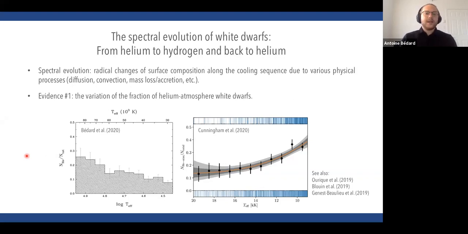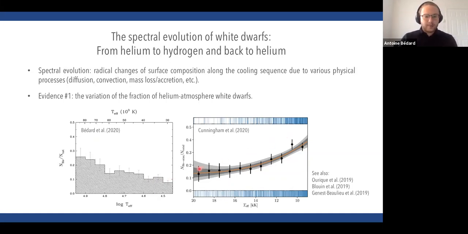One of the most significant pieces of evidence of spectral evolution is the fact that the fraction of white dwarfs with a helium-rich atmosphere changes along the cooling sequence. For example, here at very high temperatures, you can see that the fraction of helium-rich white dwarfs gradually decreases, reaches a minimum in the so-called dB gap, and then re-increases at low temperature.